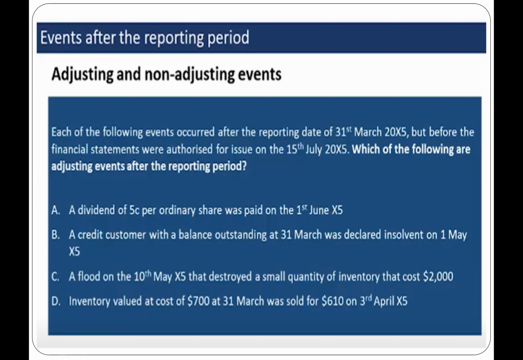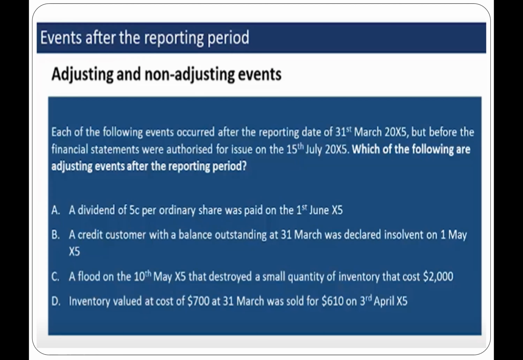So we are saying since his debt was outstanding at 31 March, the fact that he was declared insolvent on 1 May does not matter. It means by 31 March, probably that customer was already insolvent, which means we need to go back to our financial statements and reduce our receivables by the amount estimated or the amount that we owed by this customer that became insolvent.